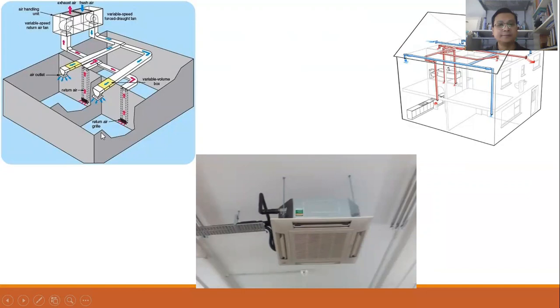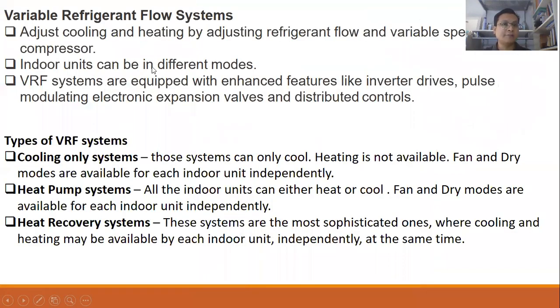A variable refrigerant flow system adjusts cooling and heating by adjusting refrigerant flow and a variable speed compressor. Indoor units can be in different modes, so we can control every unit in every room. VRF systems are equipped with enhanced features like inverter drive, pulse modulating electronic expansion valve, and distributed control.